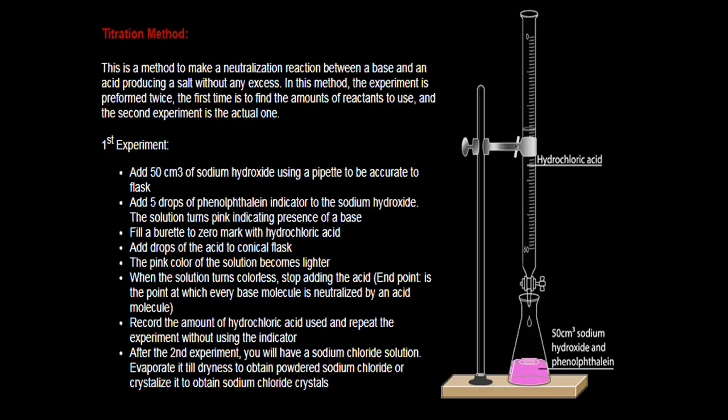As the acid and base react together, the pH will decrease, and the pH will reach 7. This is the end point. This is the point by which you can identify how much quantity of hydrochloric acid and how much quantity of sodium hydroxide can be used to produce NaCl.